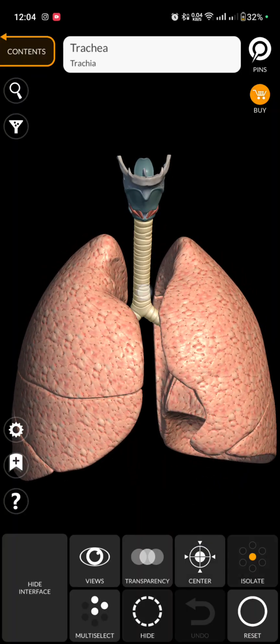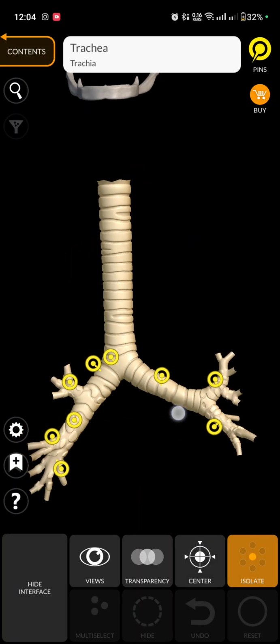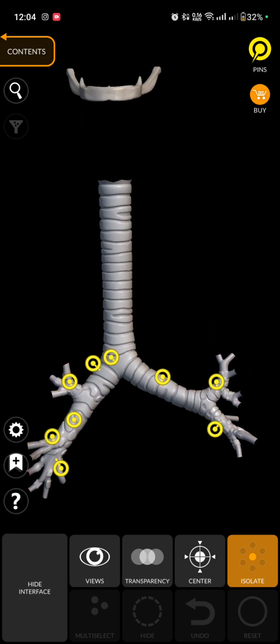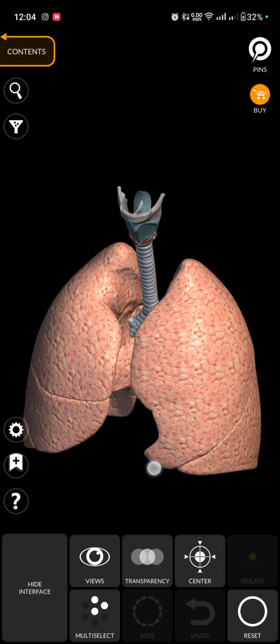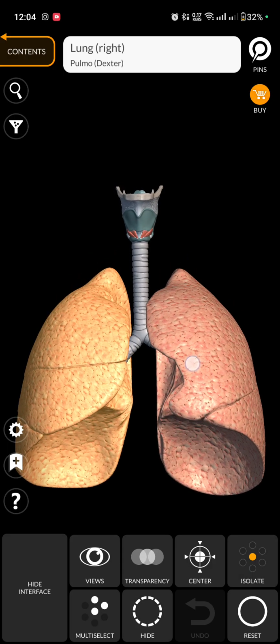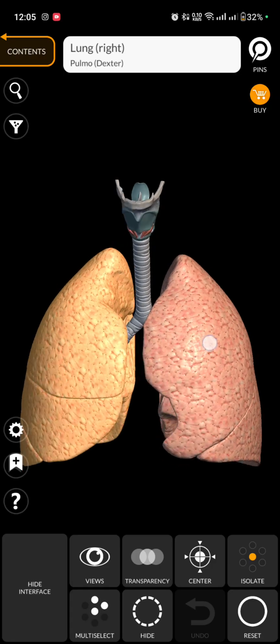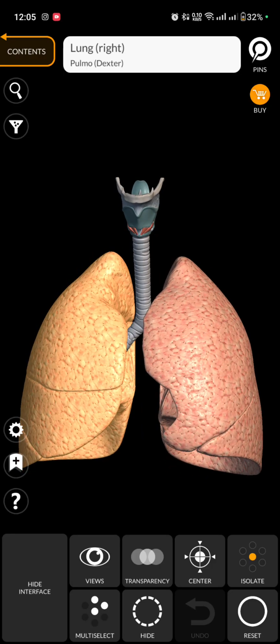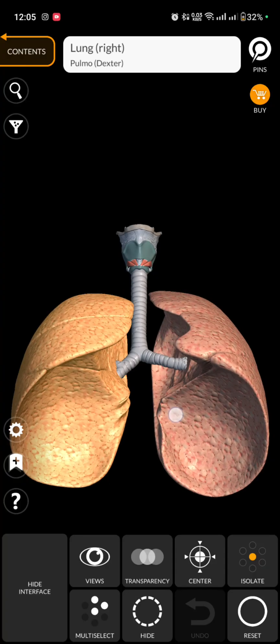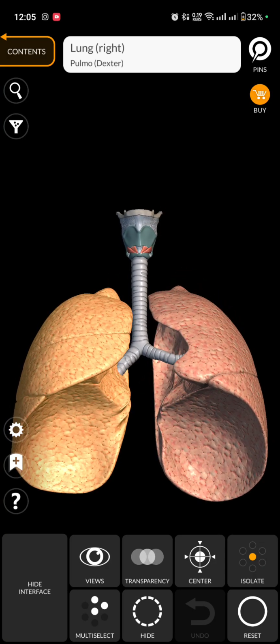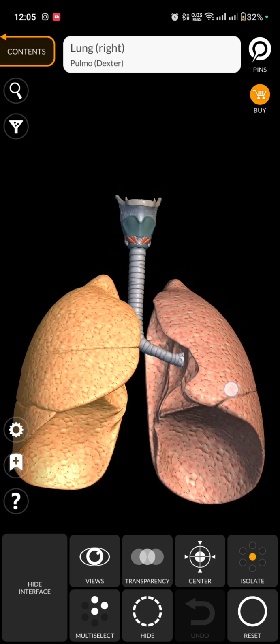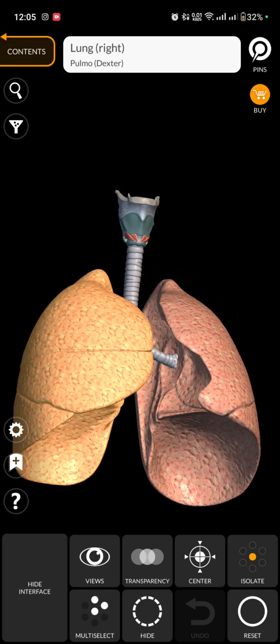If we look at the tracheal part of the two lungs, we will see that the left lung has only one principal bronchus, and the right lung has two principal bronchus.